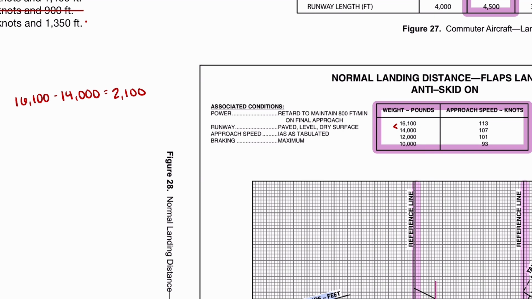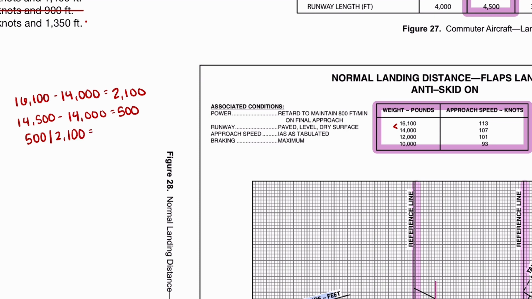Now we need to figure out how far away in a percentage we are from that lowest number. So we're going to take 14,500, which is our weight, and we'll subtract 14,000. So that equals 500, which means we currently are 500 pounds of 2,100 pounds. What is the percent of that? And so what we're doing is we're going to take 500 and divide that by 2,100.